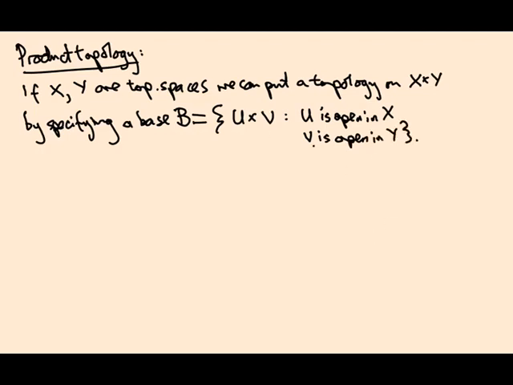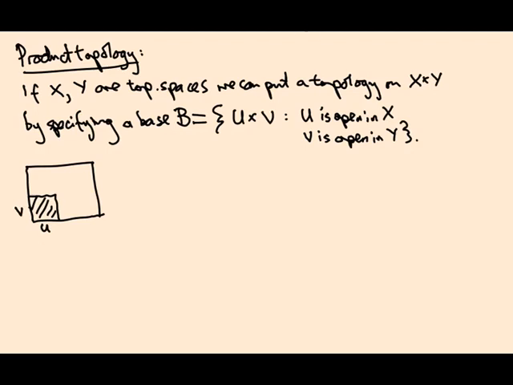This is maybe what you would expect open sets to look like, but you're also allowed to take unions of such things. Let's just draw an example. The square is the interval times the interval. And things like this subsquare, an open subsquare, is something of the form u times v, where this is u and this is v.